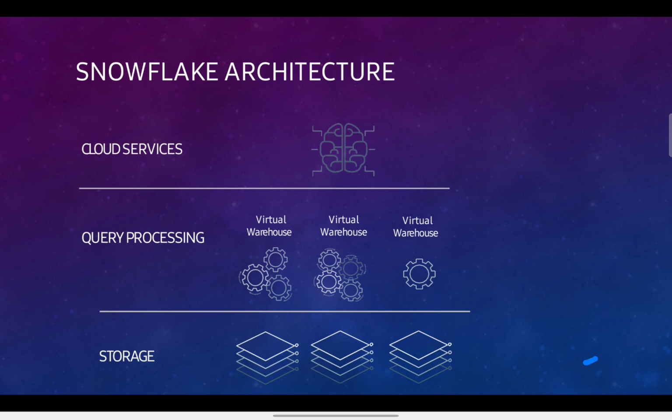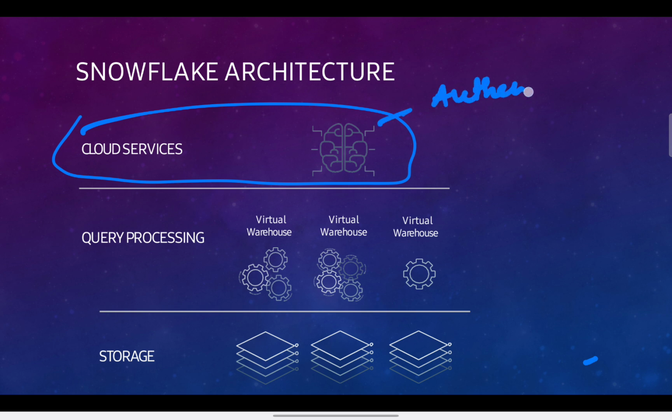Finally there is the cloud services layer, and what it actually does is handle authentication, meaning which user will access which warehouses and which database. It handles user authentication, infrastructure management, metadata, query parsing, optimization, access control and security.